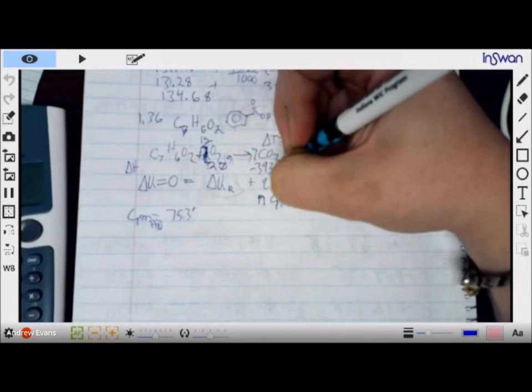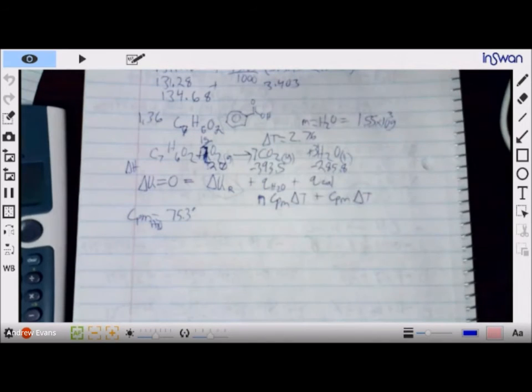Then I have to look up benzoic acid, which is in table 4.2, C7H6O2.